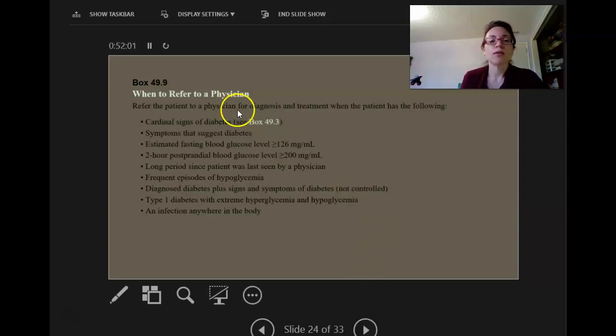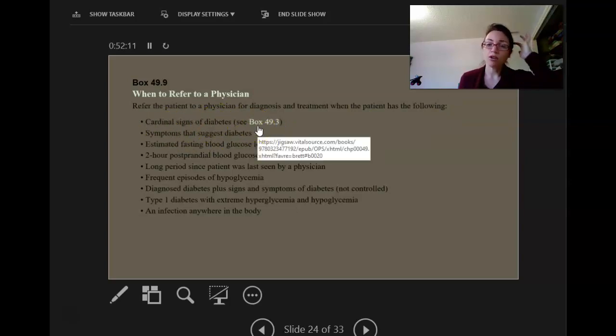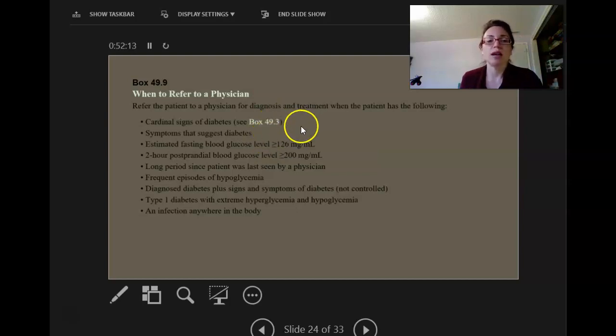When to refer to a physician. Refer the patient to a physician for diagnosis and treatment when the patient has the following. The cardinal signs of diabetes, which we talked about in an earlier slide and is in box 59.3. Symptoms that suggest diabetes. Estimated fasting blood glucose at or above 126. 2-hour postprandial blood glucose at or above 200.